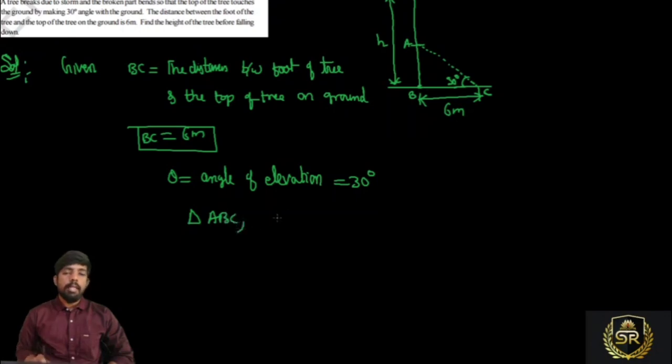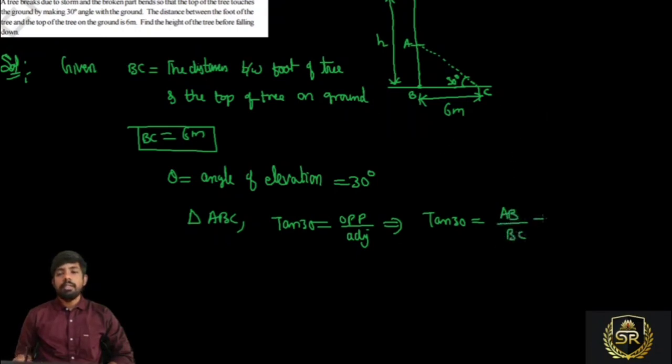In triangle ABC, I am applying tan 30 degrees. Tan 30 degrees is what? Opposite by adjacent. So tan 30 is equal to opposite, which is AB, by adjacent, which is BC.